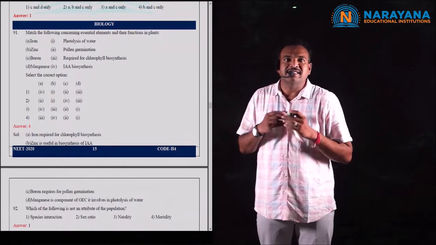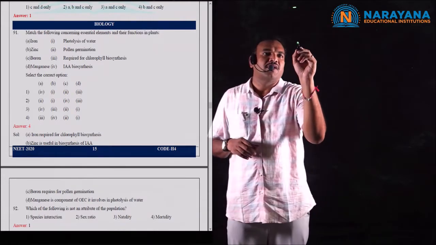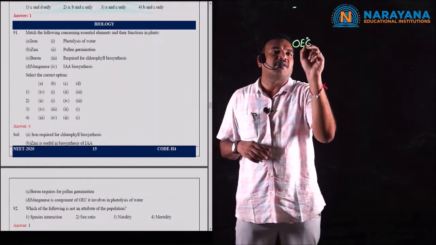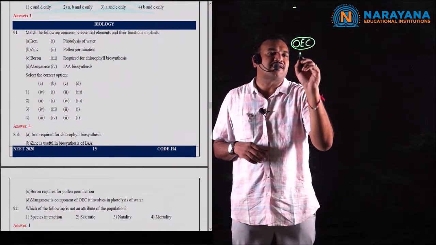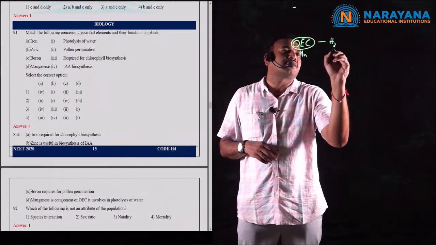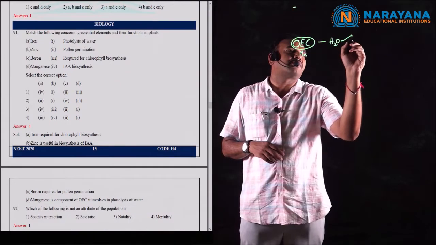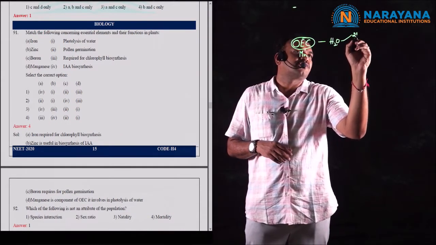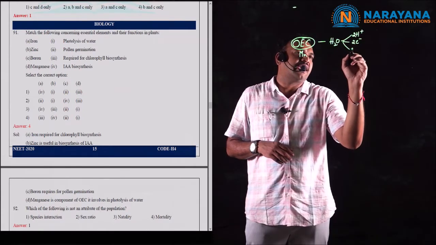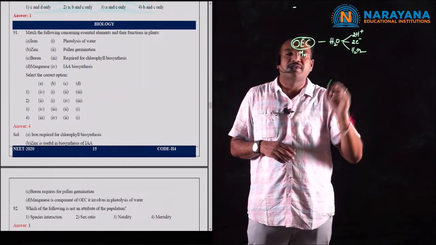Manganese is a component of OEC, the oxygen evolving complex. In the presence of OEC, a water molecule undergoes breakdown and produces 2 protons, 2 electrons, and half O2.